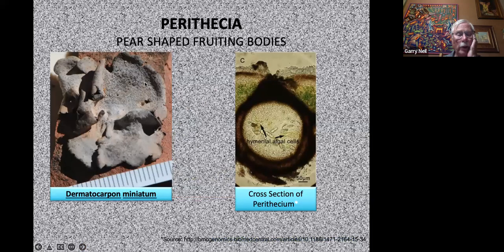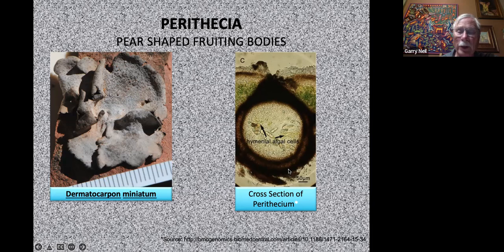Here's another umbilicate lichen that we talked about before. And there are hundreds of little tiny dots on the upper surface that you can just barely see. If you take a section of this tiny dot, this is what you'll get.